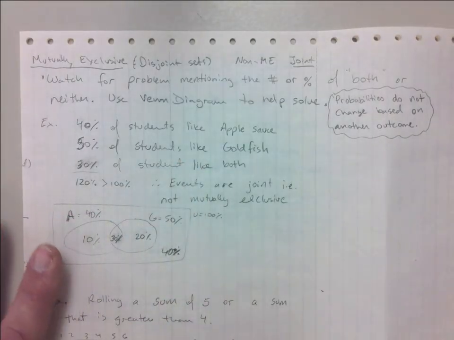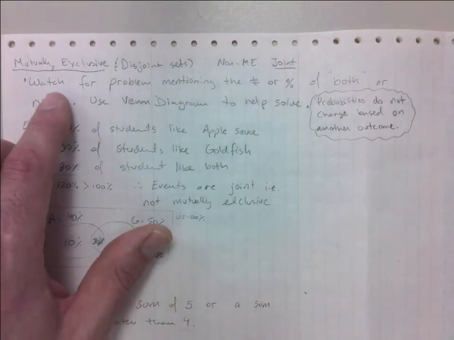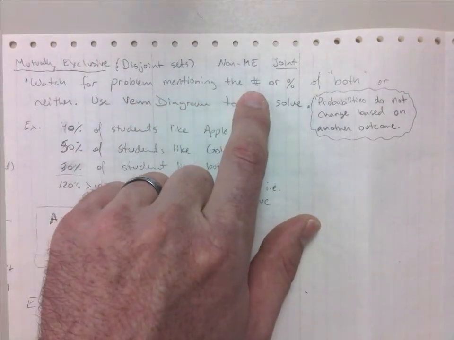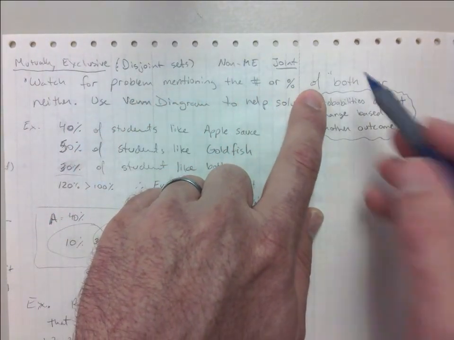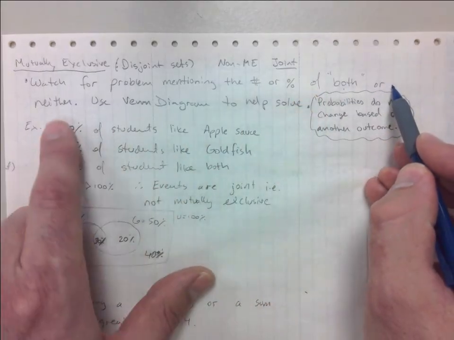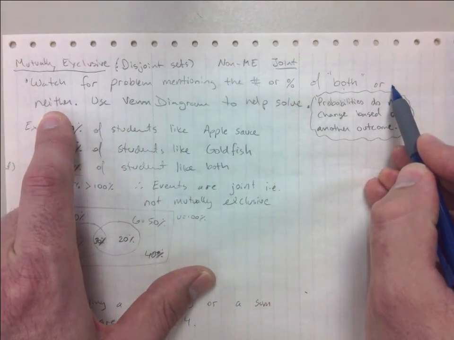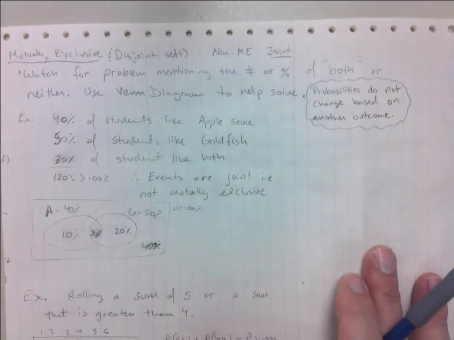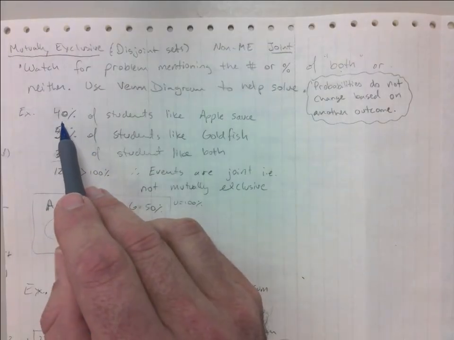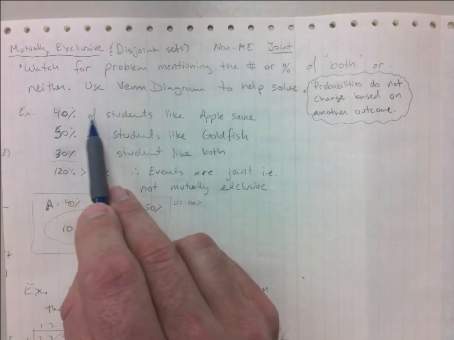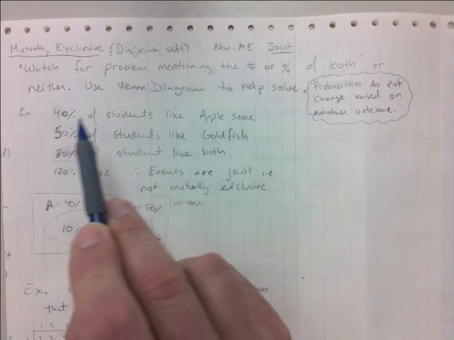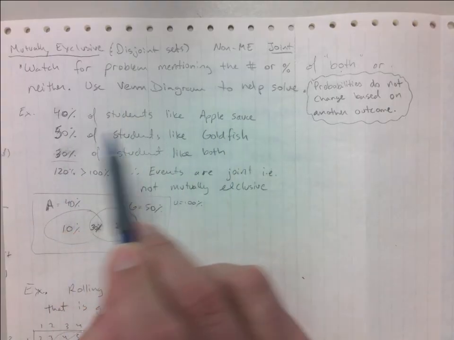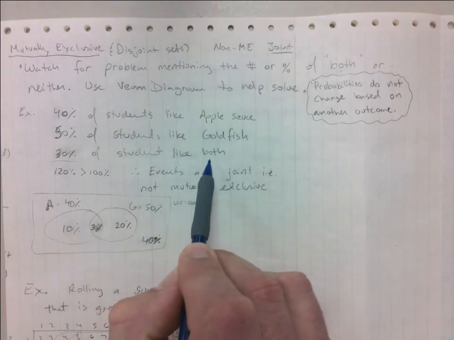So what do you want to watch for here? You want to watch for a problem mentioning a number or percentage of both or neither. The scenario would be, I just made one up, 40% of students like applesauce, 50% of students like goldfish, 30% of students like both.